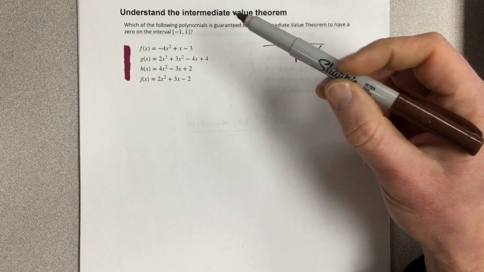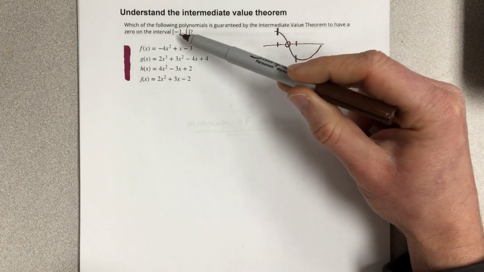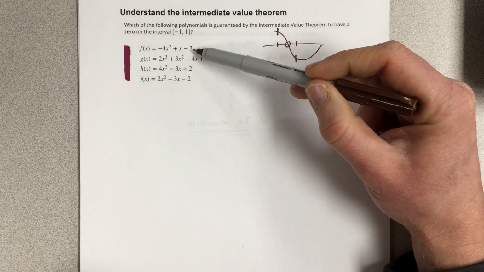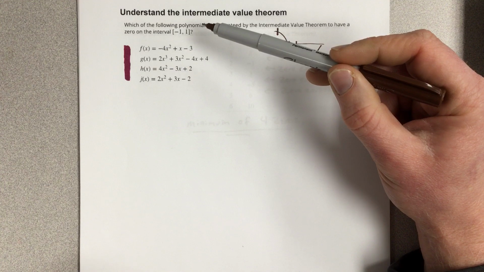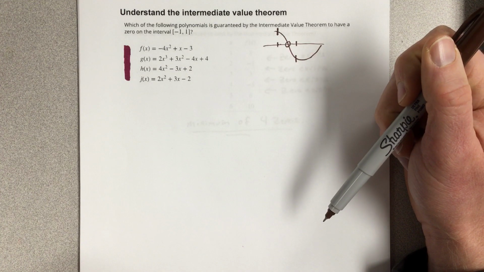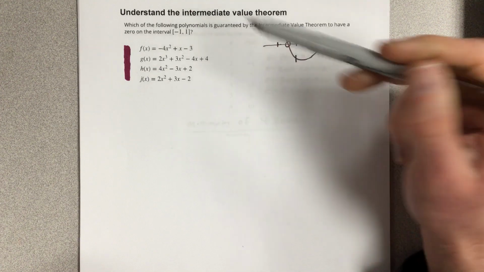So basically, when we go and we try and use the intermediate value theorem, we're going to plug in the two x values, and we're going to look for which one of these functions has both a positive and a negative y value, and that would then guarantee that that function has a 0 between these two x values of -1 and 1.